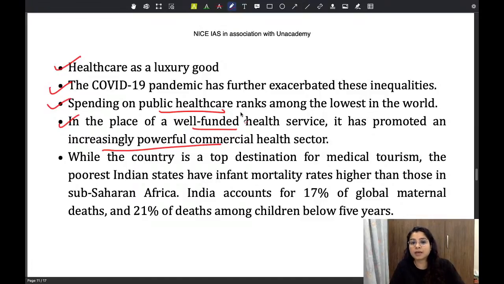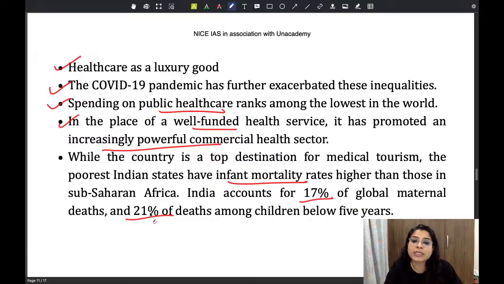Many of our states suffer from higher infant mortality rates, more than what sub-Saharan African countries face. India has 17% of the global maternal deaths and 21% of the deaths among children below 5 years. And just to add to this, India is also the top country in terms of malnourished children.